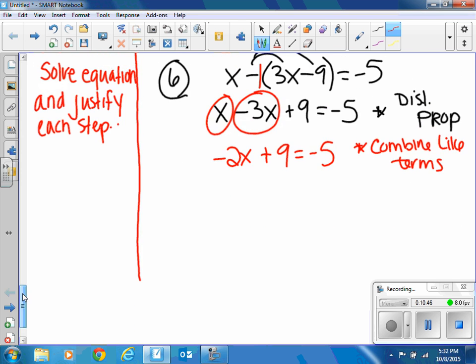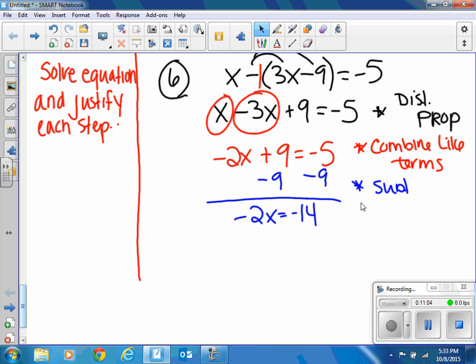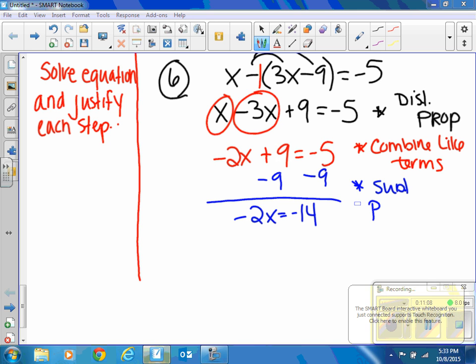All right, so as we move down, we know we're going to subtract 9 from both sides. When we subtract from both sides, that is the subtraction property of equality.